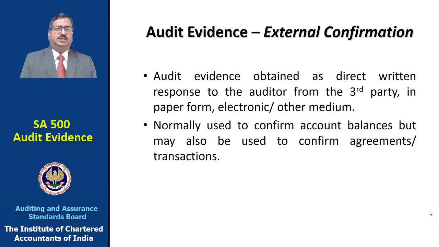Normally this type of external confirmation is used to confirm balances, agreements or transactions. As far as standards are concerned, there is a separate standard on external confirmation, SA 505, and we'll be dealing with that standard separately.